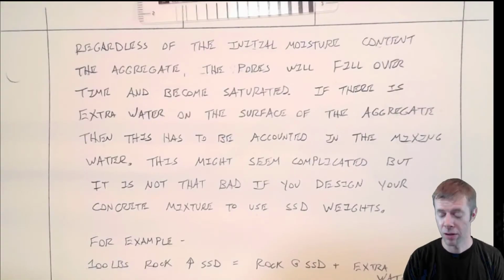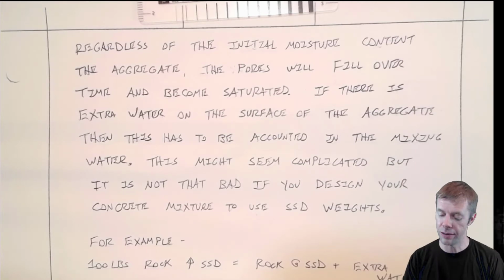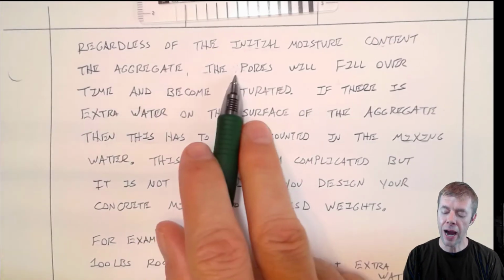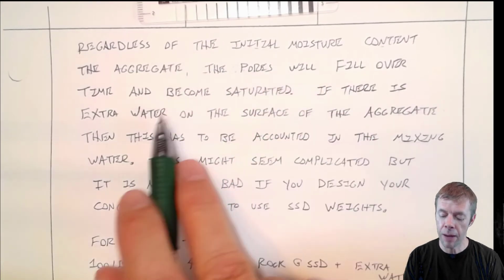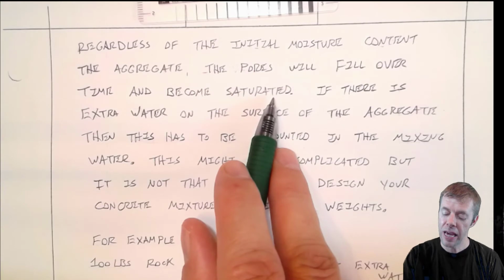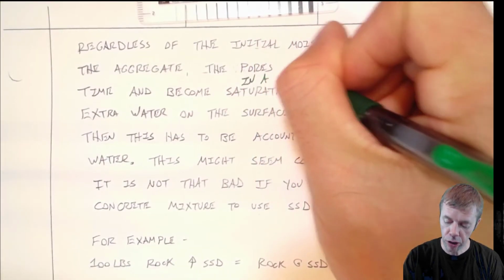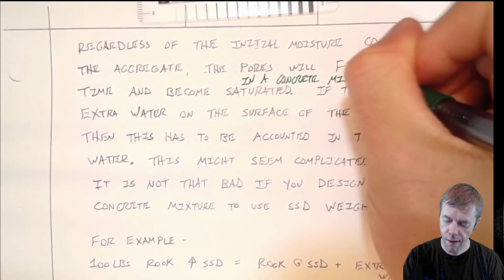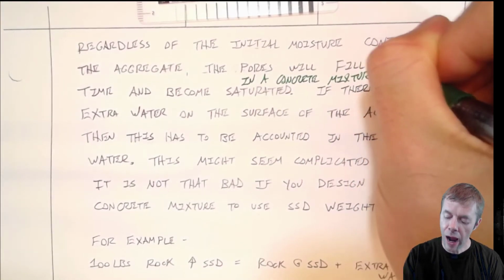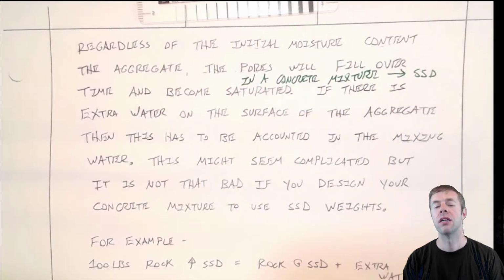So as I was saying, regardless of the initial moisture content, we've got to get this right. Once we dump this aggregate inside a concrete mixture, the pores are going to fill over time and they will become saturated. This is in a concrete mixture. Our aggregate will reach SSD, saturated surface dry.